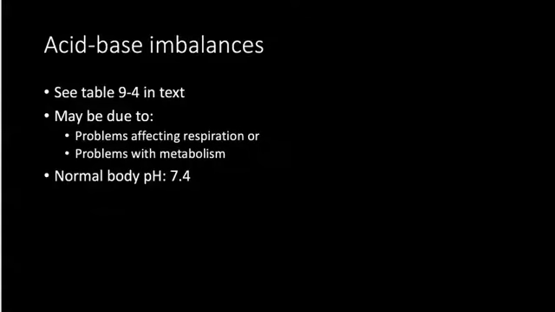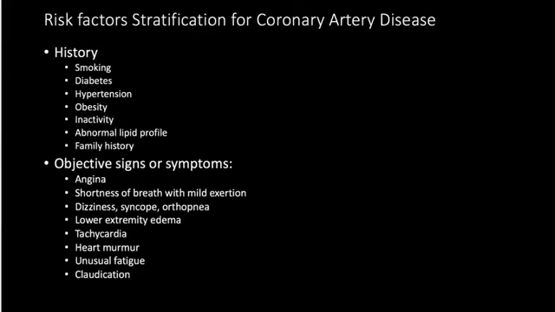So an example of something causing maybe metabolic acidosis would be, perhaps diabetes. In terms of respiration, I mentioned COPD. The reason being is that the carbon dioxide levels are going to affect the acid-base balance. So you can actually get changes in the blood.